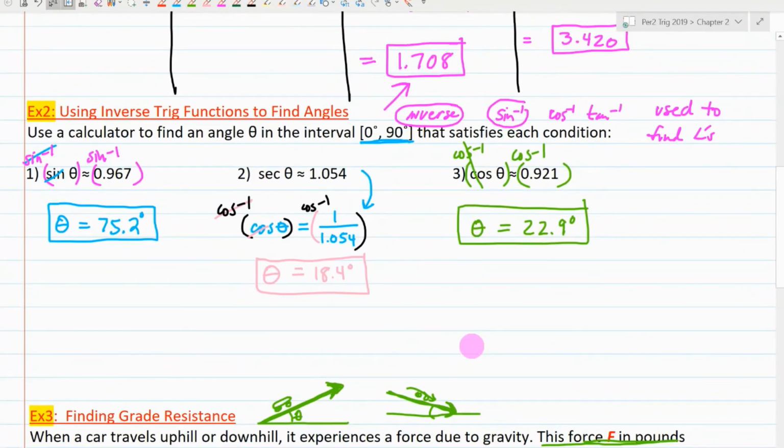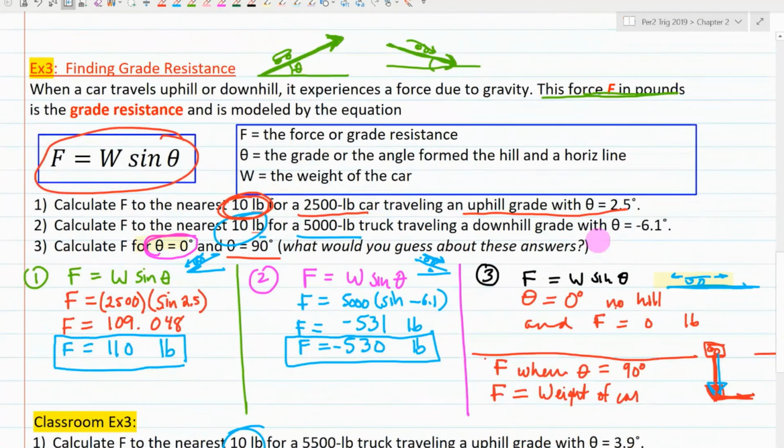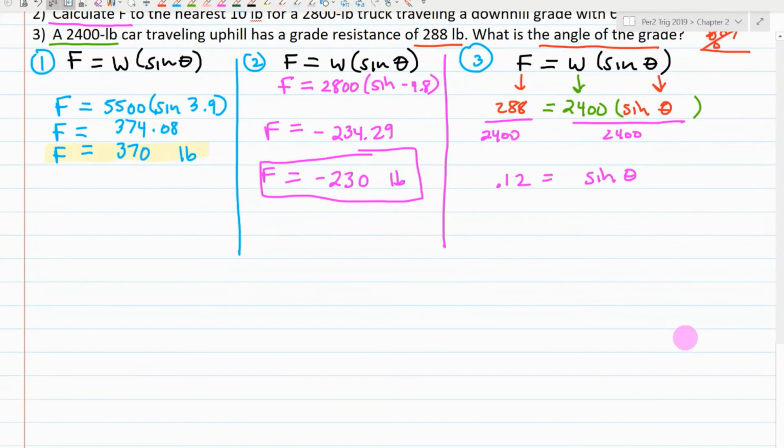And when you're trying to find theta, which is an angle, you have to use inverse. So that's what we're going to do. We have to do the inverse sine of both sides in order to get theta by itself. You cannot divide by sine, just so you know, by itself, ever. So we're going to do the inverse sine.